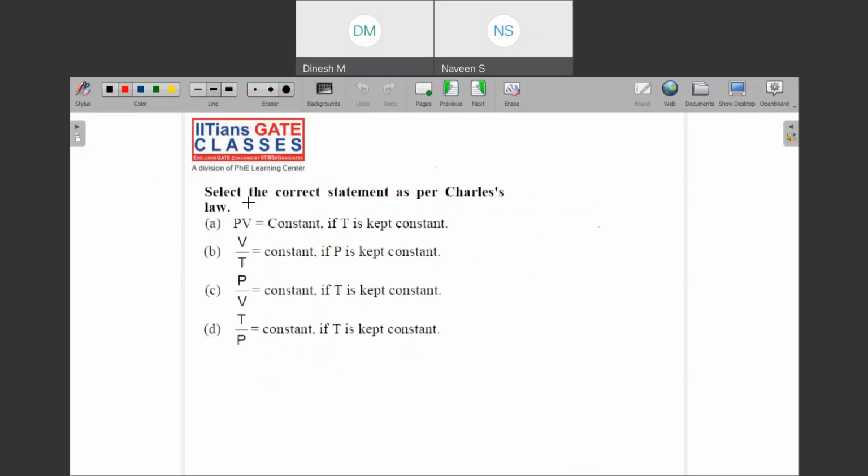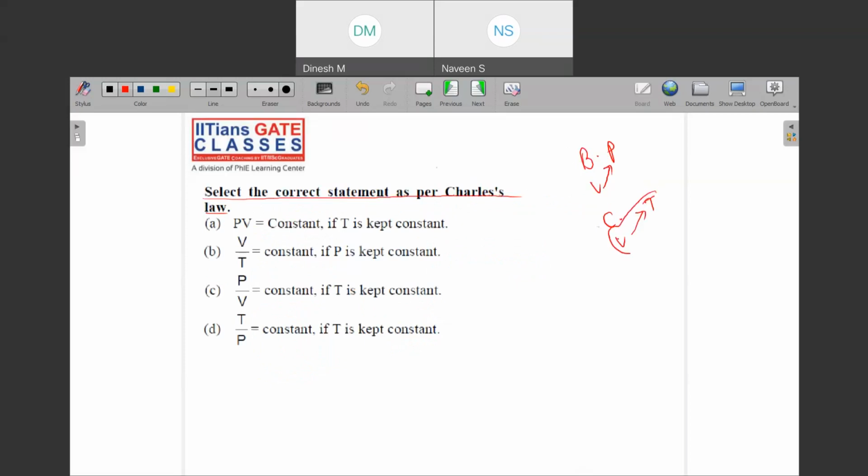Next question. Select the correct statement as per Charles' law. So only we will remember what? Boyle's law was relating volume to pressure. Charles' law was relating volume to whom? Temperature.